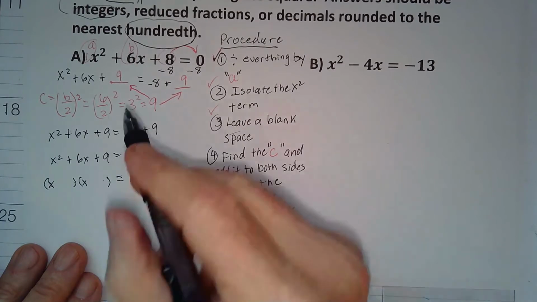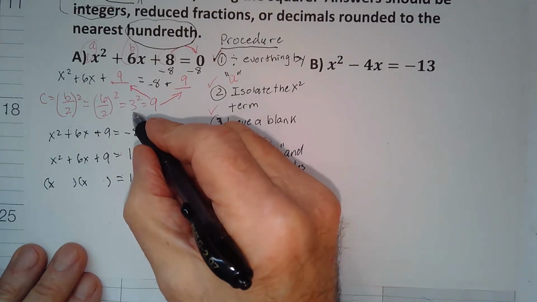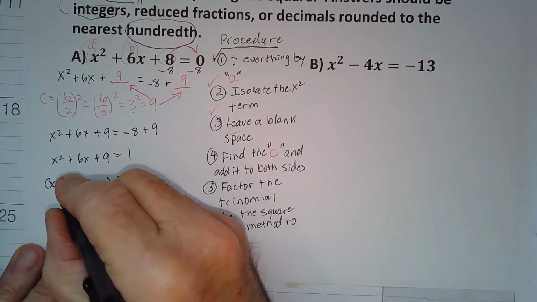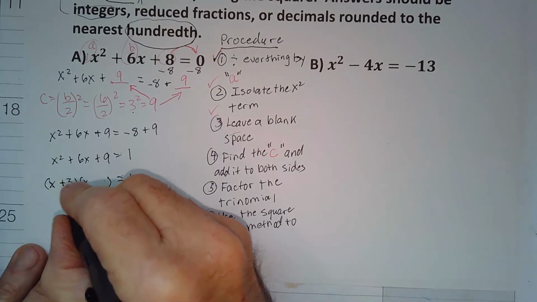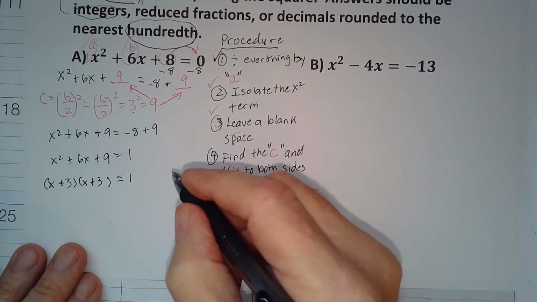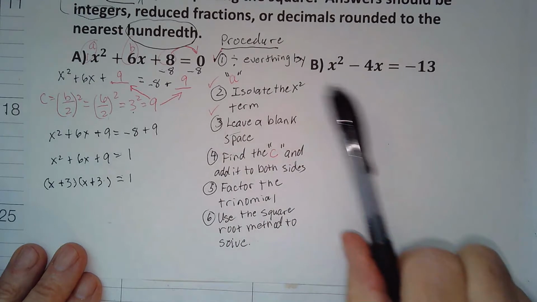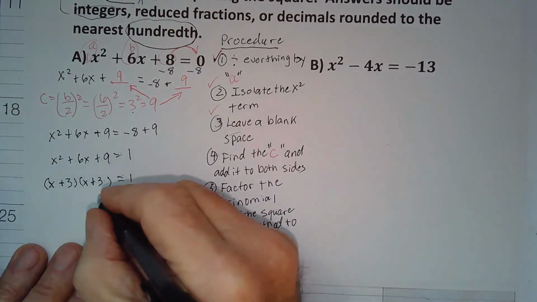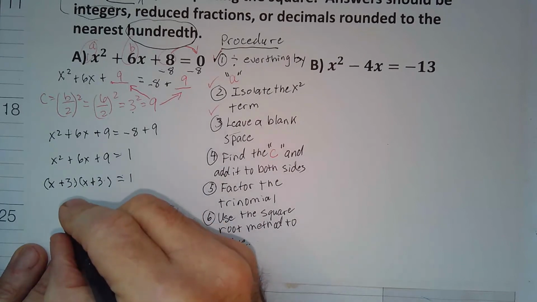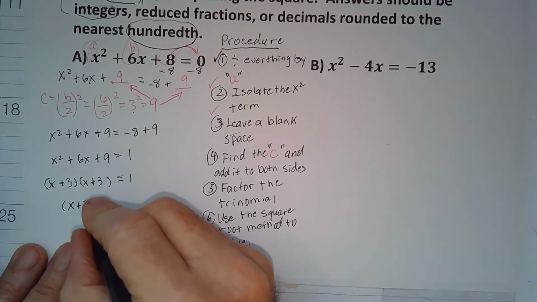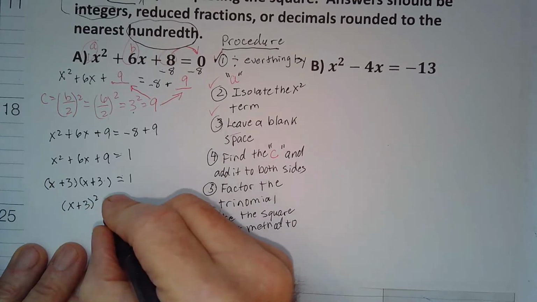Oh, it's 3. Remember, it's this number up here. It's the 3, so it's positive 3. All right, so we've got x plus 3 times x plus 3 equals 1. So we can rewrite now the two parentheses, the two bubbles, as x plus 3 squared, and that equals 1.